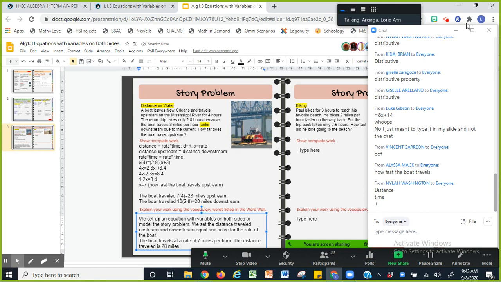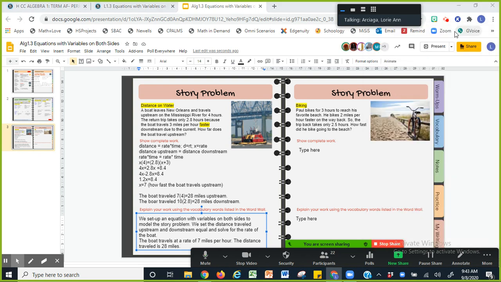Okay, and that's one of the applications of solving equations. You'll be seeing a similar problem, but now it's not about upstream and downstream, but a biking problem. The same concept applies. When you bike from one point to another, you're covering the same amount of distance, so what changes sometimes is the rate, when you travel slower going one way and faster on the other.